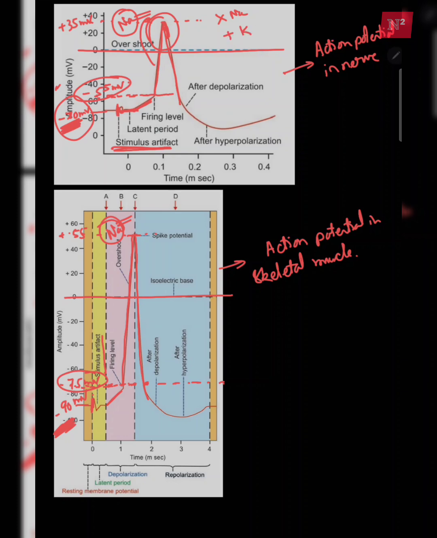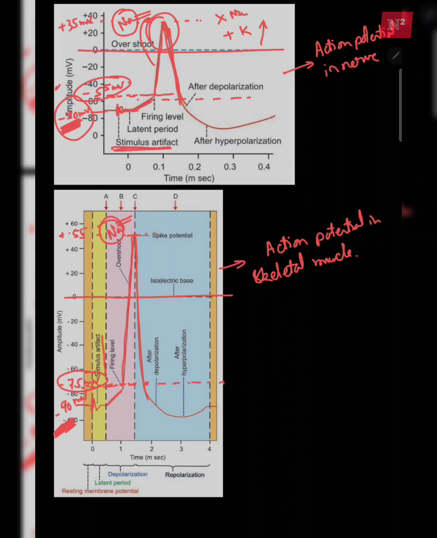So the potassium ions will flux out and we will get the gradual repolarization curve. Now the potassium ion channels are slow to react, to open as well as to close. As soon as they start to open, they also require some time to close.